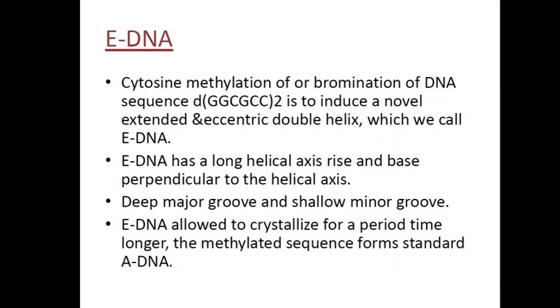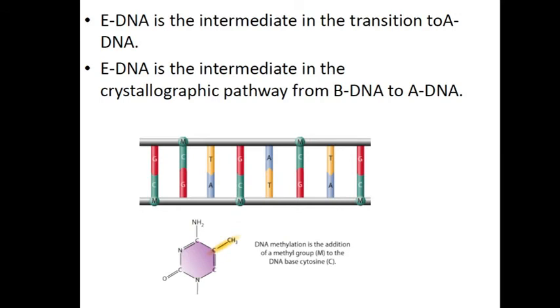The methylated sequence forms the standard aDNA. eDNA is the intermediate form in the transition to aDNA, the intermediate of the crystallographic pathway from B to A transition. Here we can see this particular sequence, and the cytosines are methylated.